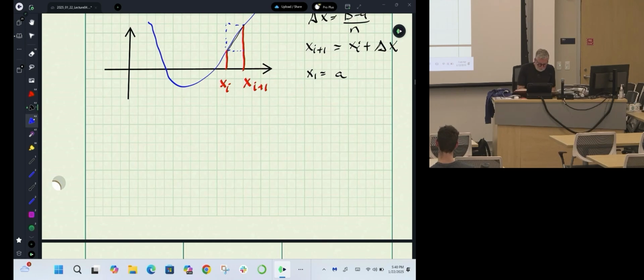And then, let me make the function a little bit more curvy so we can see that we're still approximating, okay?